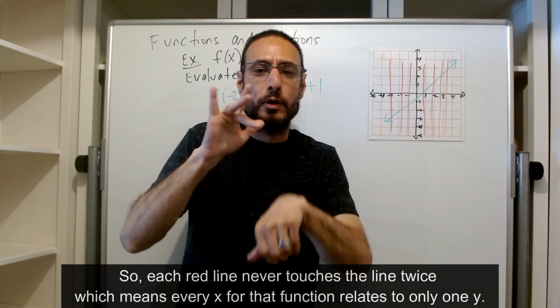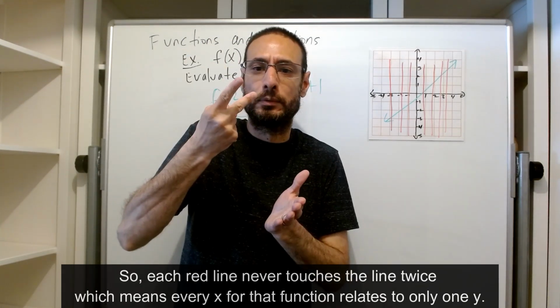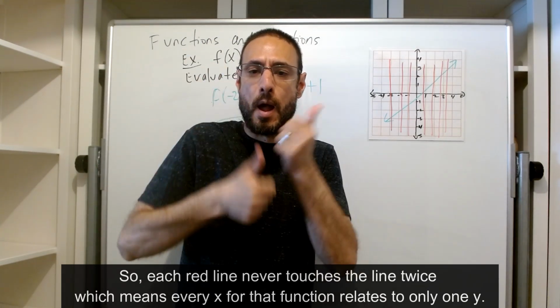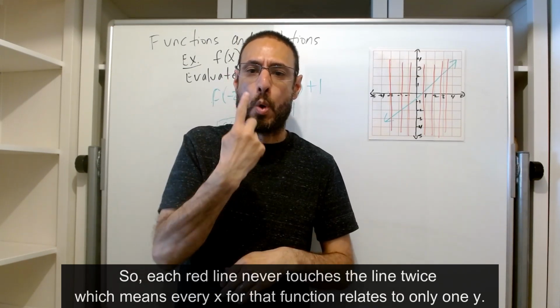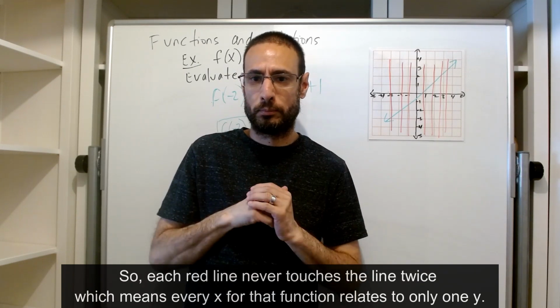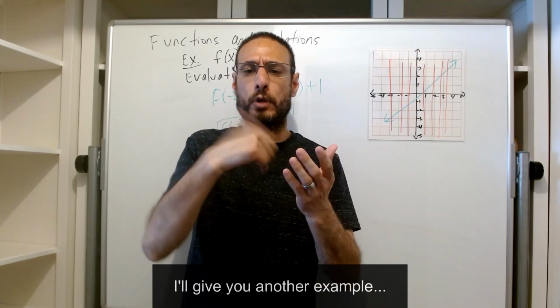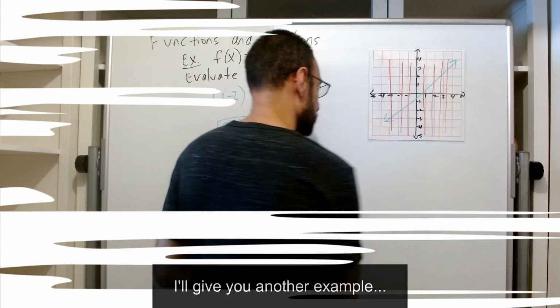So, each red line never touches the line twice, which means every x for that function relates to only one y. I'll give you another example.